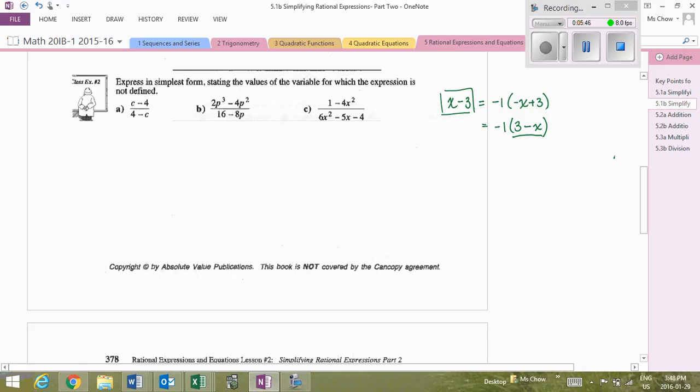And so if we see ones that are exactly opposite, we can factor out a -1 to make them the same. So that's it exactly right here.